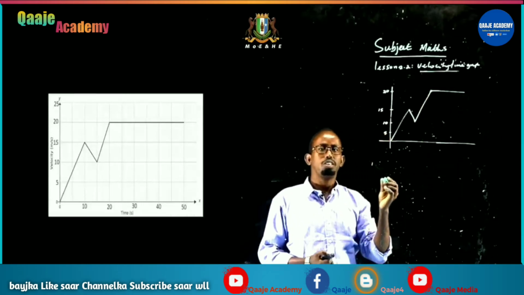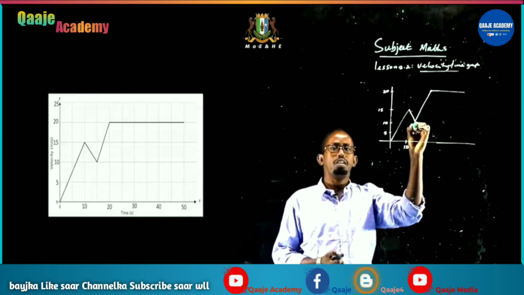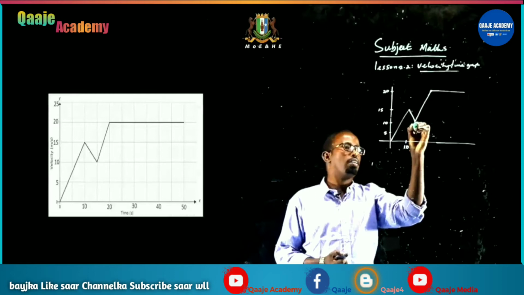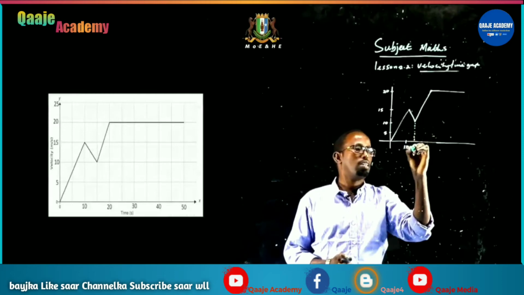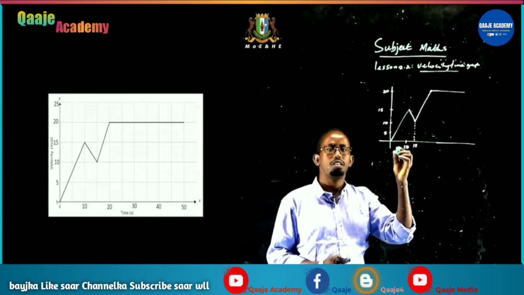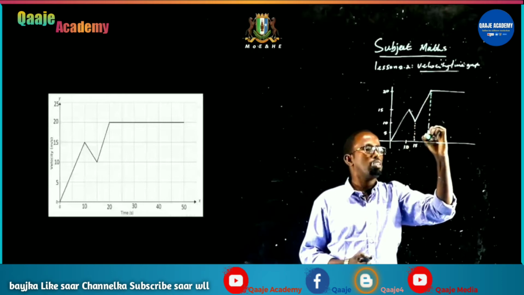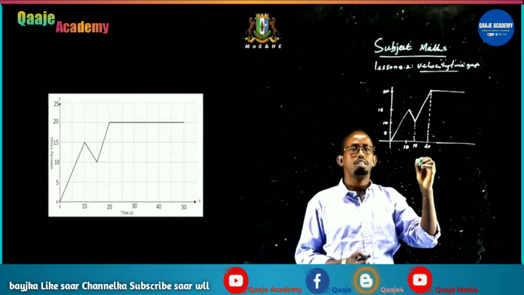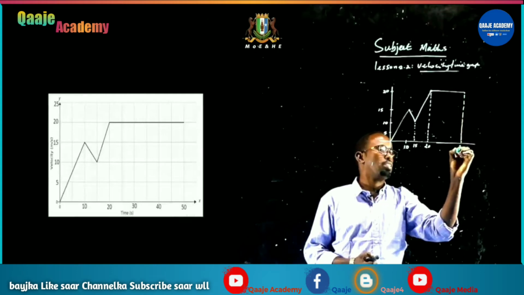Constant speed. So there you have 10. This is 15. This particular point is 20. And then the last part is 50.